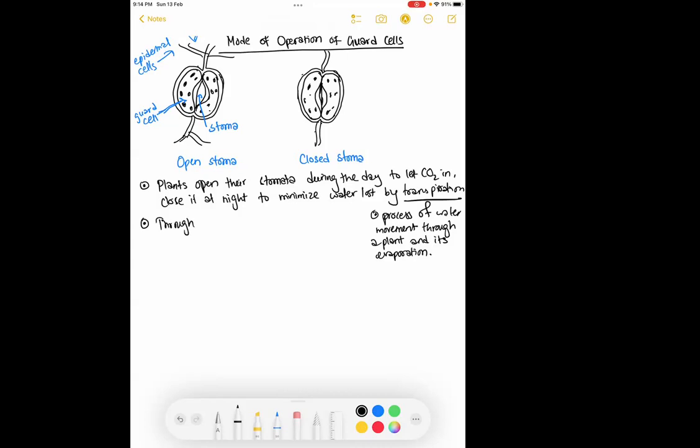Through regulation of water potential within themselves.